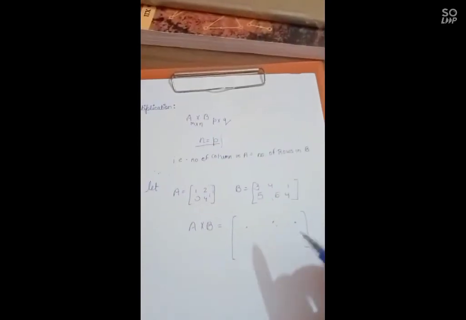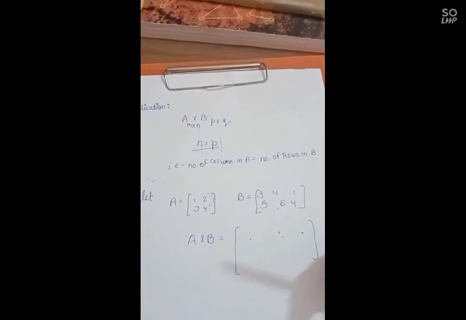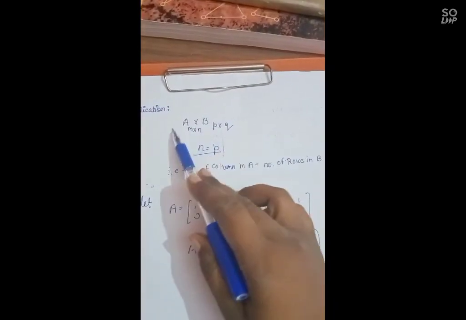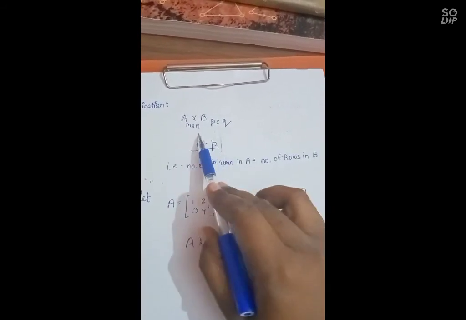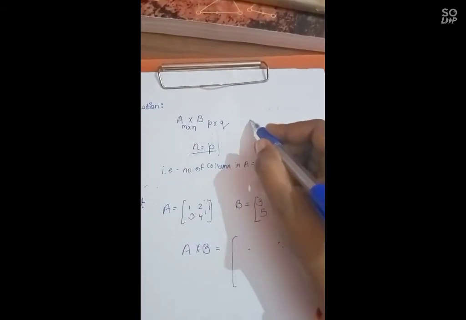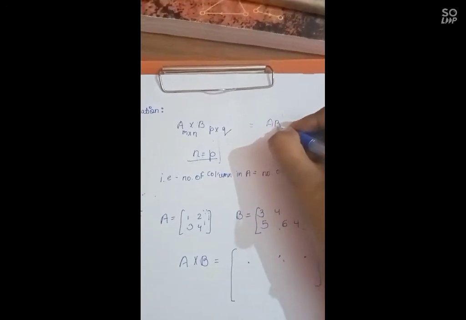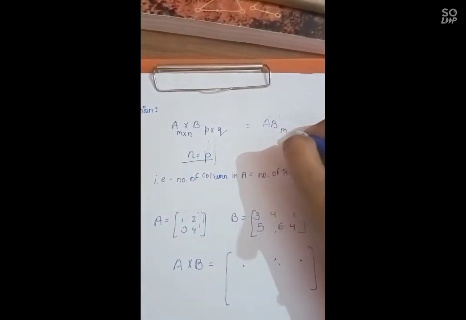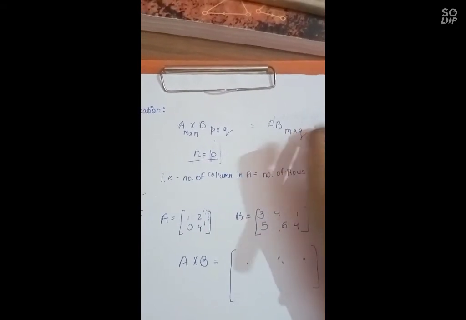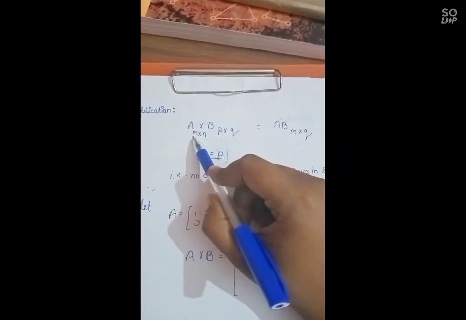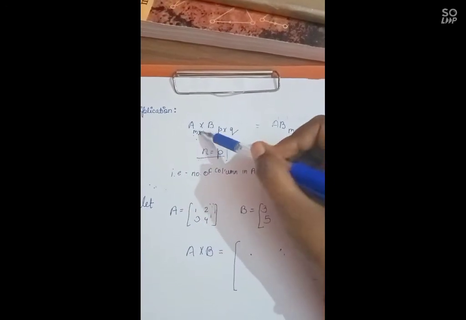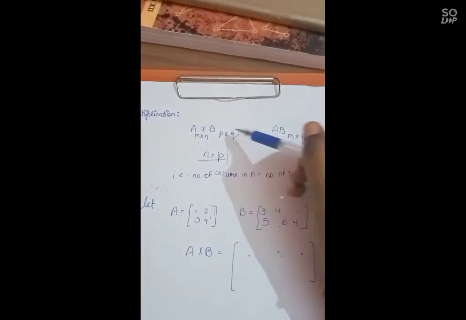Also keep in mind that the resultant matrix A into B will have an order of P into Q, that is, the number of rows of A and the number of columns of B.